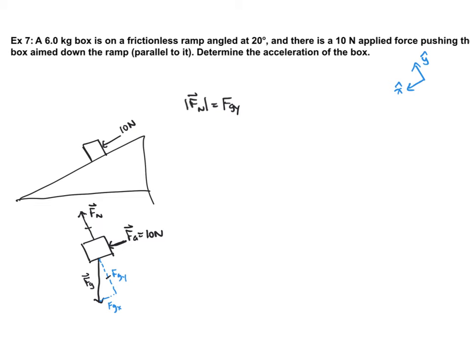So in the x direction, there will be a net force. And the net force is going to be a combination of two things. There is the x component of gravity aiming down the ramp, so I'll write x hat. And there's also an applied force aiming down the ramp, so plus applied force.